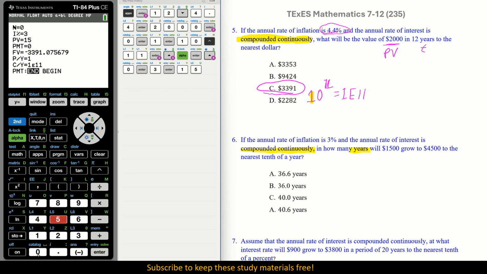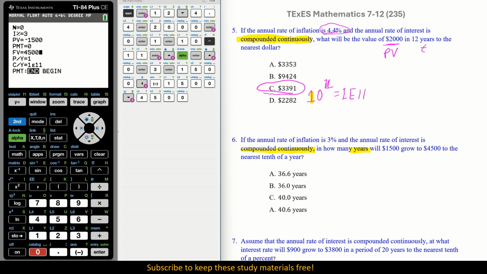we started with the 1,500. Okay, and you know what? I'm going to do something. I'm going to put negative 1,500 there. You have to use the negative symbol. Don't use a subtraction. Then you arrow down, and I'm going to type over that and say 4500.